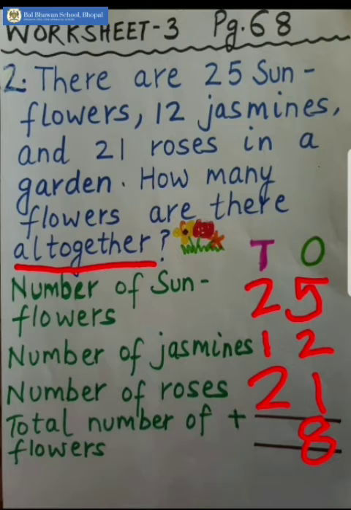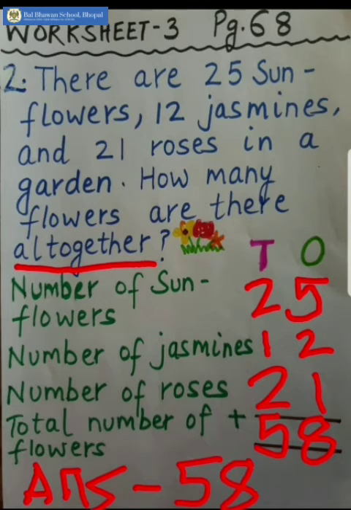So count after 2, 3, 4. Now 1 is left, the last digit. So after 4, count one more time. What comes after 4? Yes, 5. So what is the answer which you have got? Yes, 58. So this is the sum which you have got.